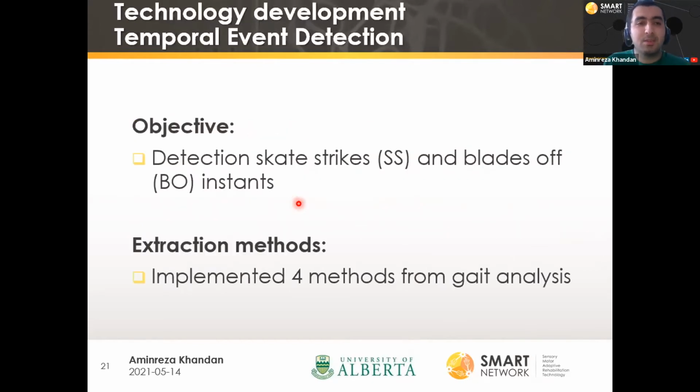To answer this question, we implemented 4 highly cited methods for gait analysis that use IMU data, and we wanted to adopt and implement them to detect skate strikes and blades off during our experiments. Skate strike is the time the skate hits the ice, and blade off is the time the skate goes off the ice.